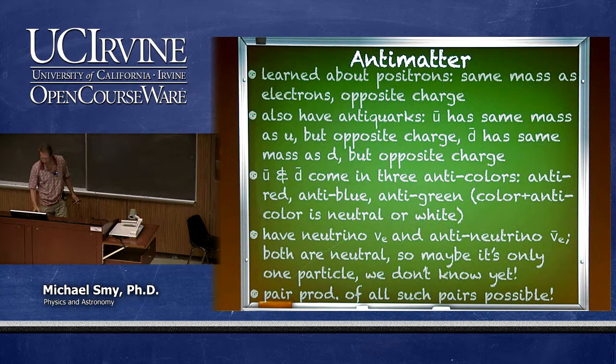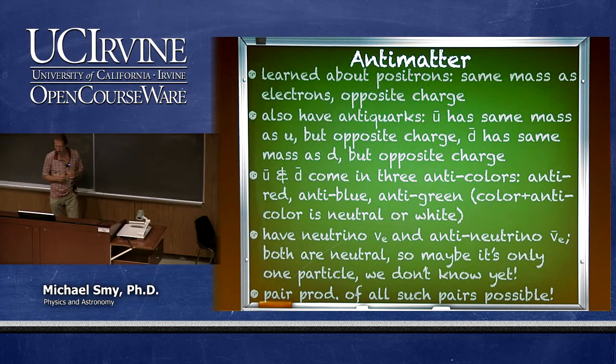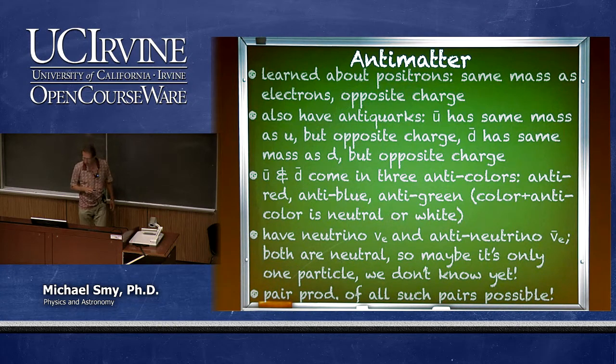There's an anti-down quark that has the same mass as a down quark, but the opposite charge and color. And the up and the down anti-quarks come in the three anti-colors: anti-red, anti-blue, and anti-green. And if you combine a color with an anti-color, then you also get white, just as if you combined red, green, and blue.